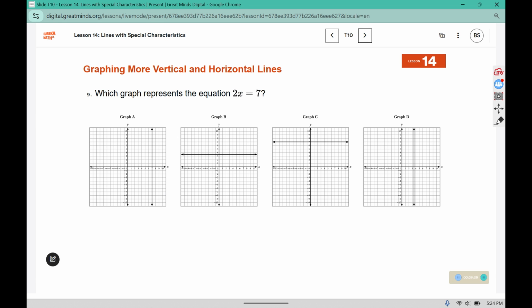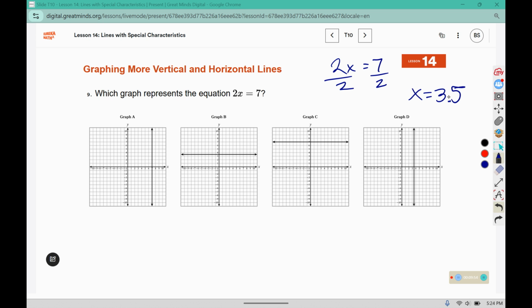Which graph represents the equation 2x equals 7? Well, if we divided by 2, that would give us x equals 3.5. So we know it's not going to be at 7, or this one is at 7.